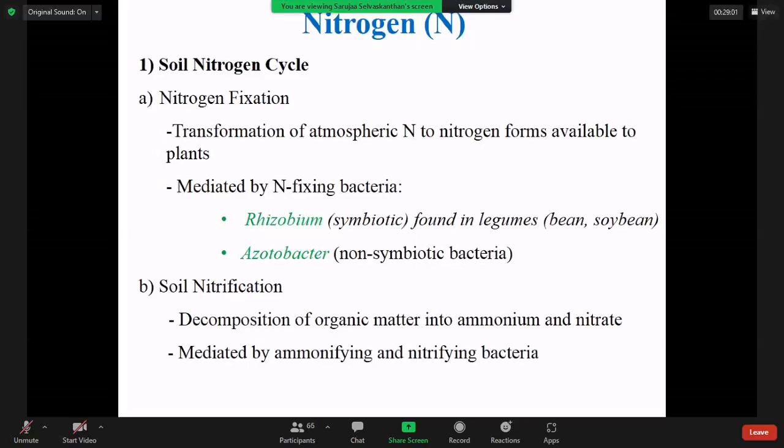Because they are good at nitrogen fixation, you can intercrop them with other crops to increase nitrogen availability. If you intercrop legume crops with other crops, what is the advantage you are getting? Free nitrogen. Yes, increased nitrogen.